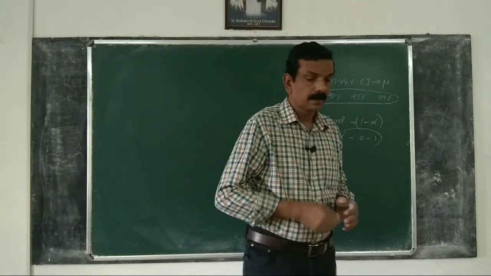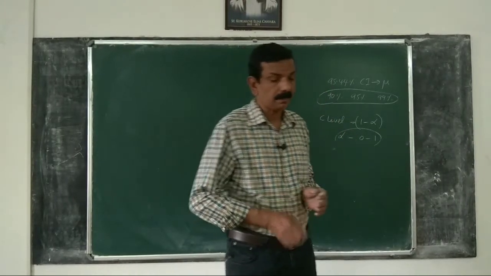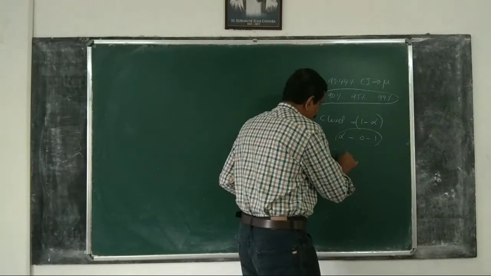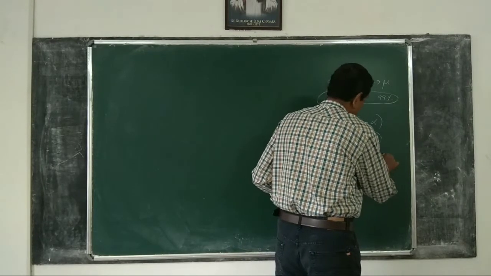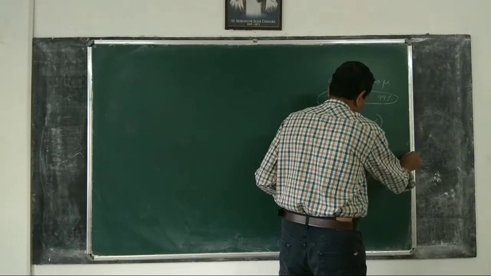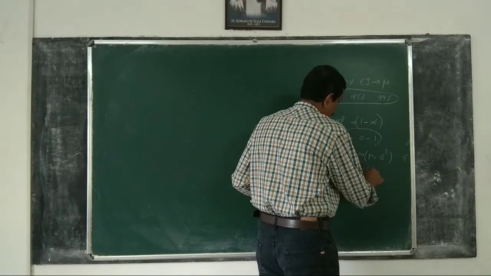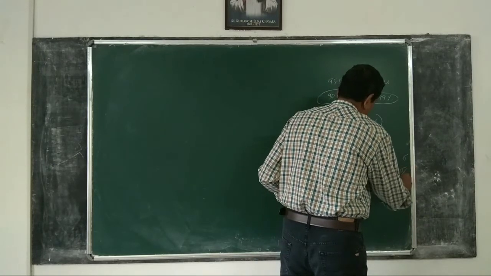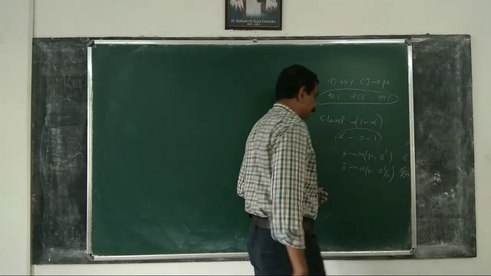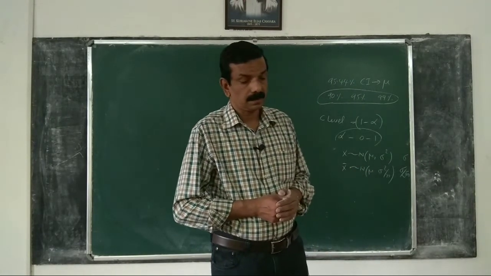Now, if X is a normally distributed random variable, normal with mu and variance sigma square, so that standard deviation is sigma, X bar is also normal with mean mu and variance sigma square by n, and the standard deviation is sigma by root n. If X is normal, X bar is also normal.